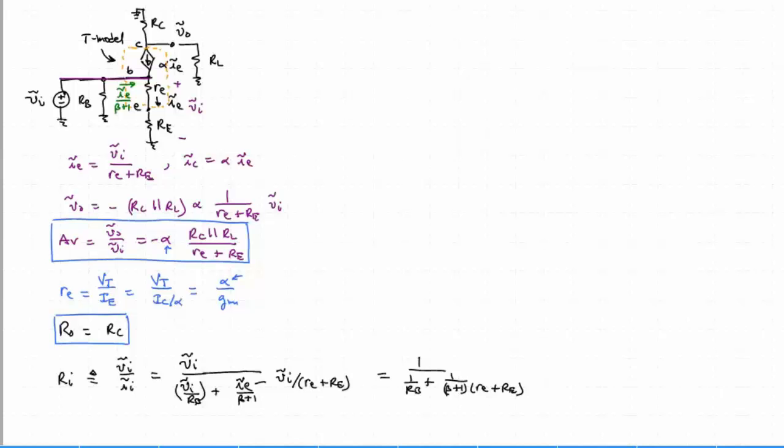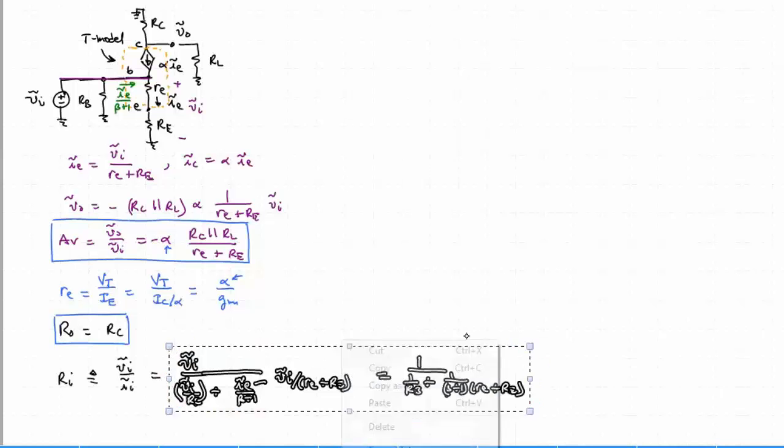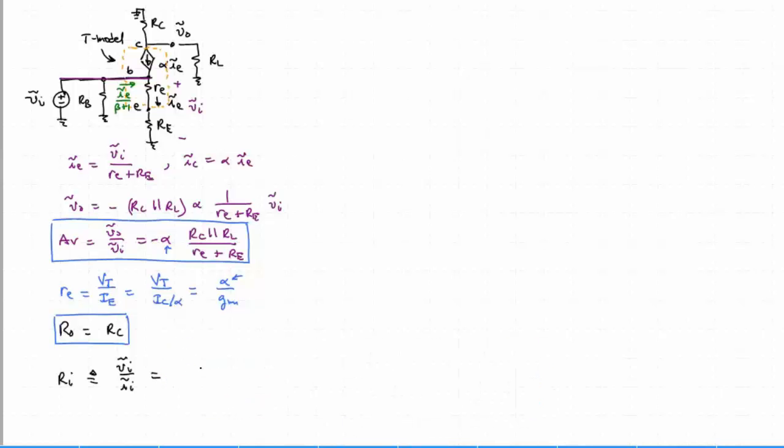And what that is, basically, is RB in parallel with this resistance, beta plus 1 times the two RE summed together. So let me erase all of this, and we will write this now as RB in parallel with beta plus 1 times little re plus big RE. That is the input resistance.